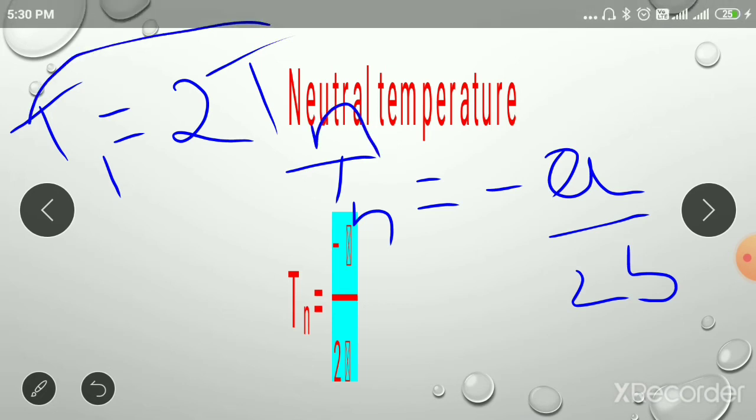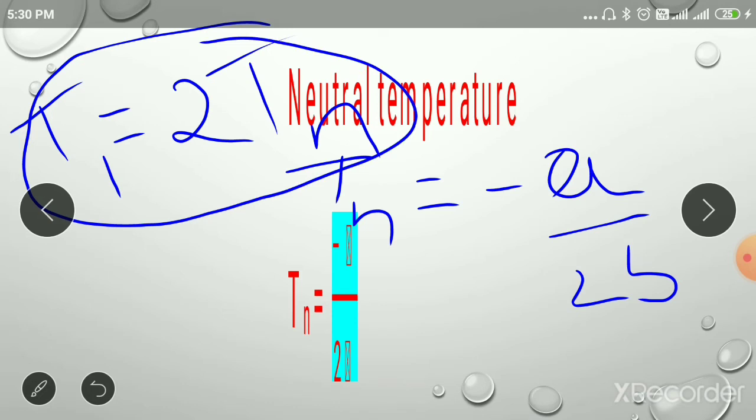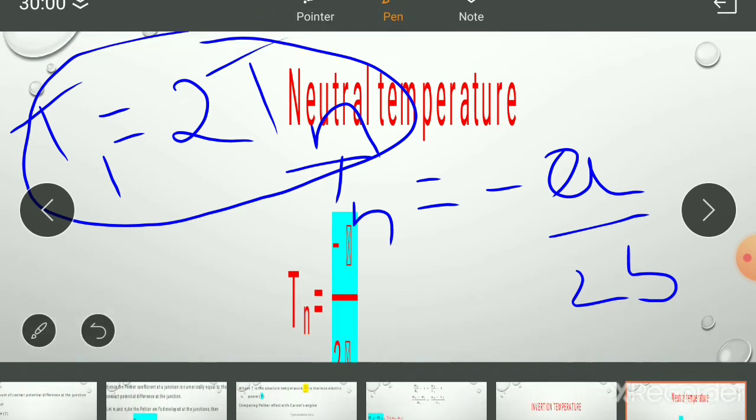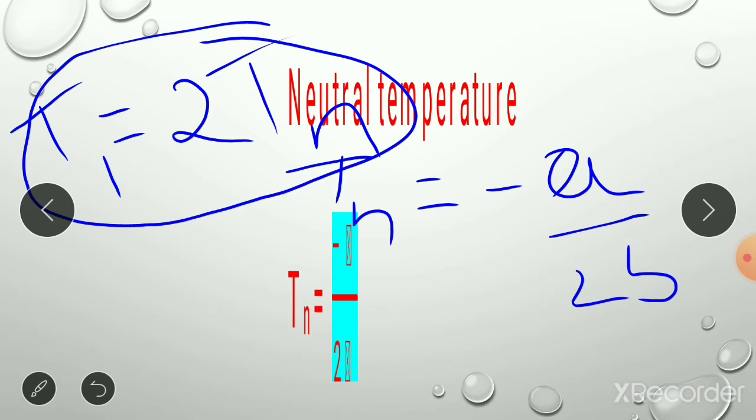This is very, very important. Inversion temperature is equal to 2 times the neutral temperature, or neutral temperature equals half of the inversion temperature. So this is very, very important.